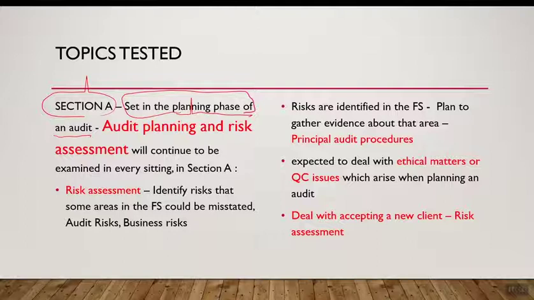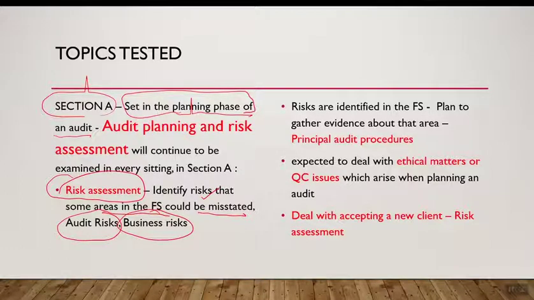So at this planning phase of an audit, you might get questions like, for example, you may be asked to do some form of risk assessment. For example, you could be asked to identify risks of areas in the financial statements that could be misstated. You could be asked to identify audit risks, business risks.